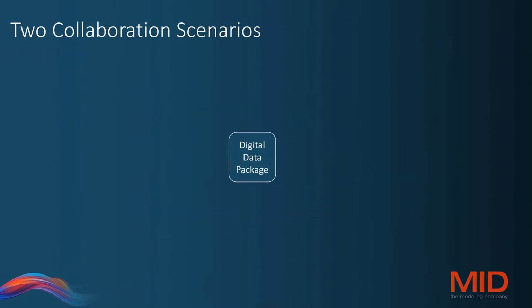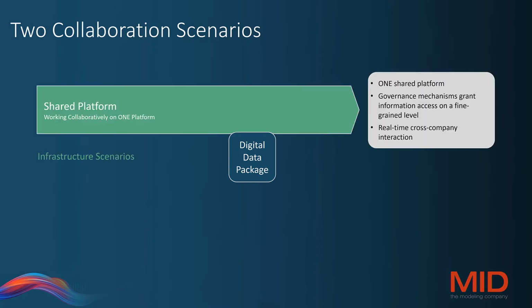So how should this collaboration actually work? We target two infrastructure scenarios. Number one being the shared platform scenario. Here, development partners work on one shared platform, governance mechanisms grant information access on a fine-grained level, and we benefit from real-time cross-company interaction.